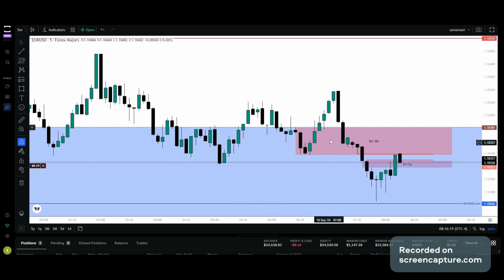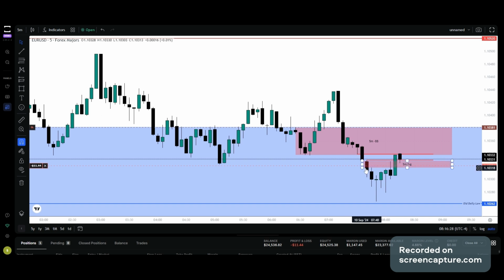So I don't want to see price get up above there. That's where my stop is. So I have 3 PD arrays supporting my price here. So if I get 3 premium PD arrays to get violated, then I'll be out of my position.